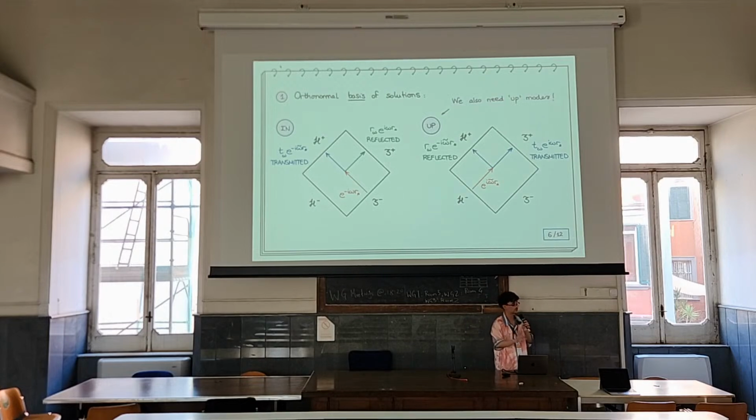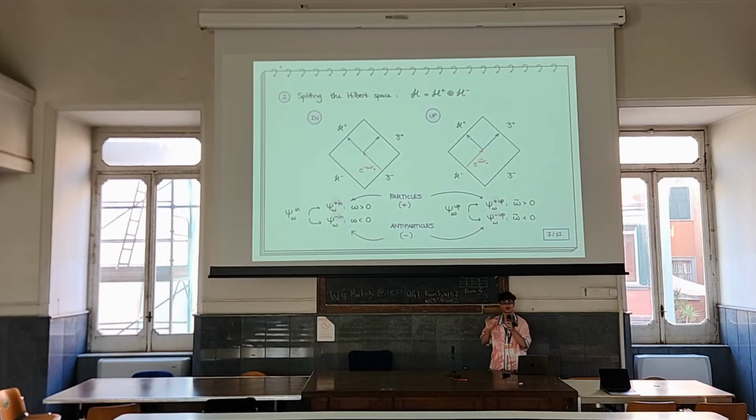So once we have this orthonormal basis of solutions, we need to decide what we are going to call particles and what we are going to call antiparticles. And yes, I'm always talking in terms of choices because we need to choose, because we have inherent ambiguities in the quantum theory in curved spacetimes. Okay, so basically this is our choice, which makes sense.